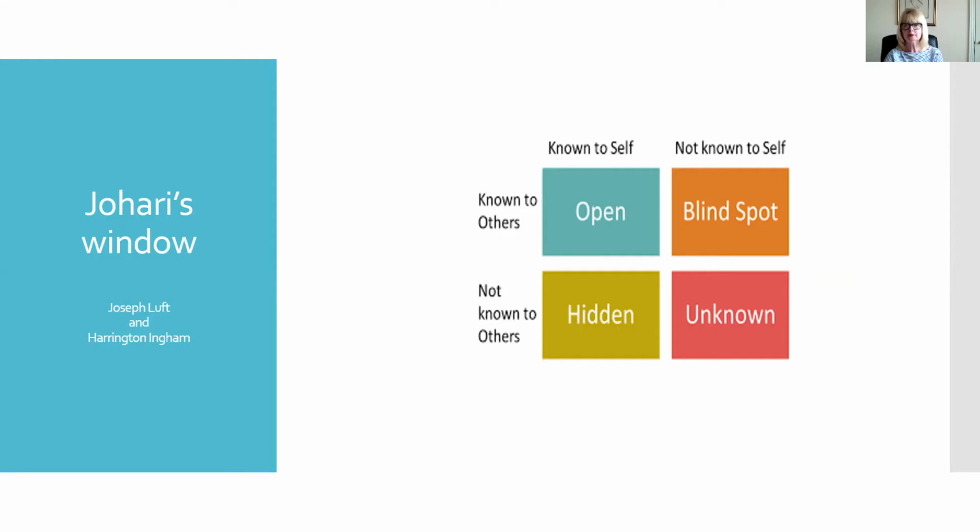The second part of this Johari's window, the second square, looks at the hidden, or what's sometimes known as the mask. So these are the things that we are aware of about ourselves, we understand, but we're not comfortable about sharing those understandings about ourselves with other people.